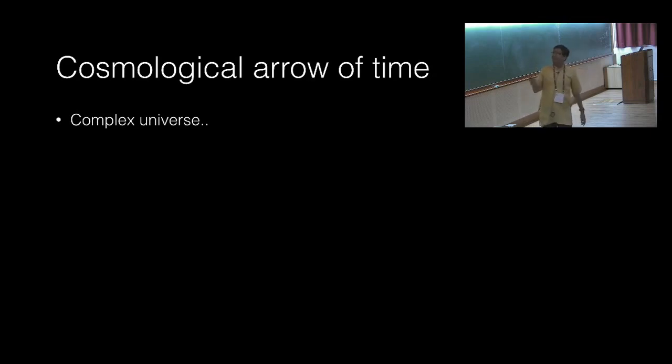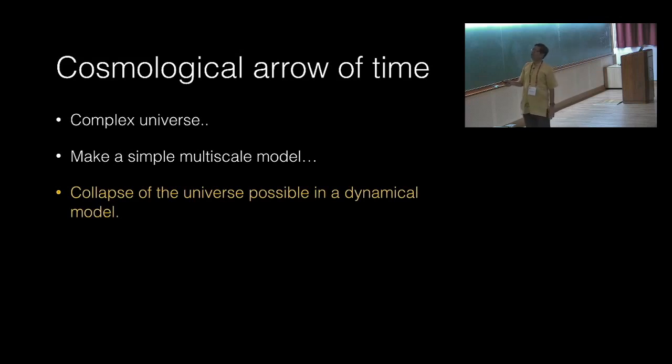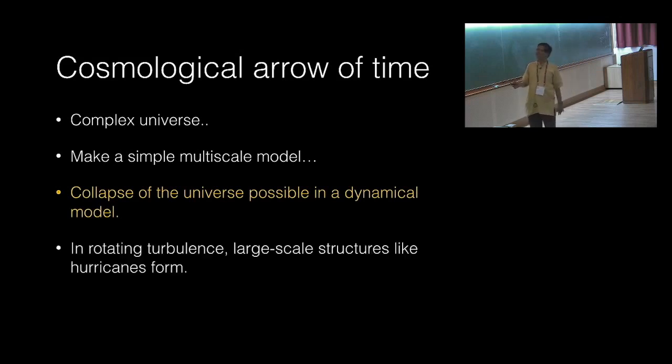But if I look at dynamics, then I can deal with it. With gravitational fields, things can collapse. So given the system, I look at the dynamics and see which way it should go forward, and that should define the arrow of time. Well, I will not say should, that's another way to define the arrow of time. So collapse is possible in the dynamic picture, it's not a problem.